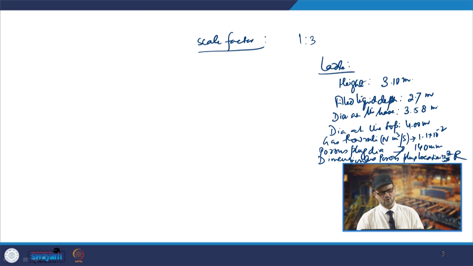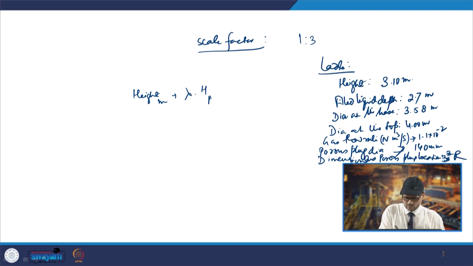Now, if you talk about making the model, you take the scaling factor, so the height of the model ladle will be lambda times h prototype.